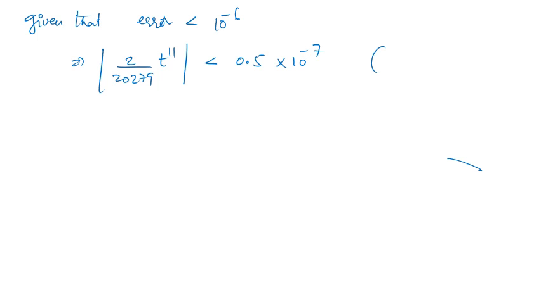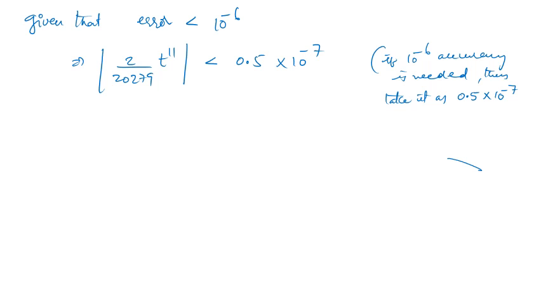If 10 power minus 6 accuracy is needed, then take it as 0.5 is compulsory and decrease 1 unit, or simply if 10 power minus 4 accuracy is required, then take 0.5 into 10 power minus 5, like that.